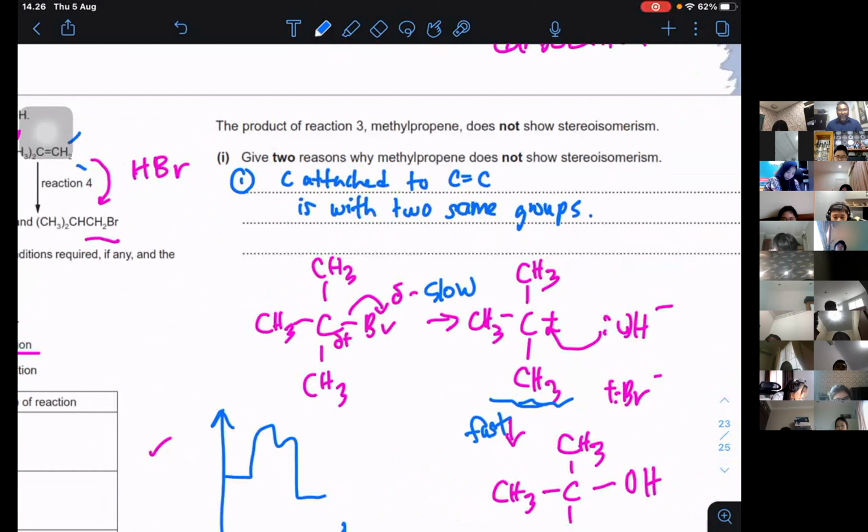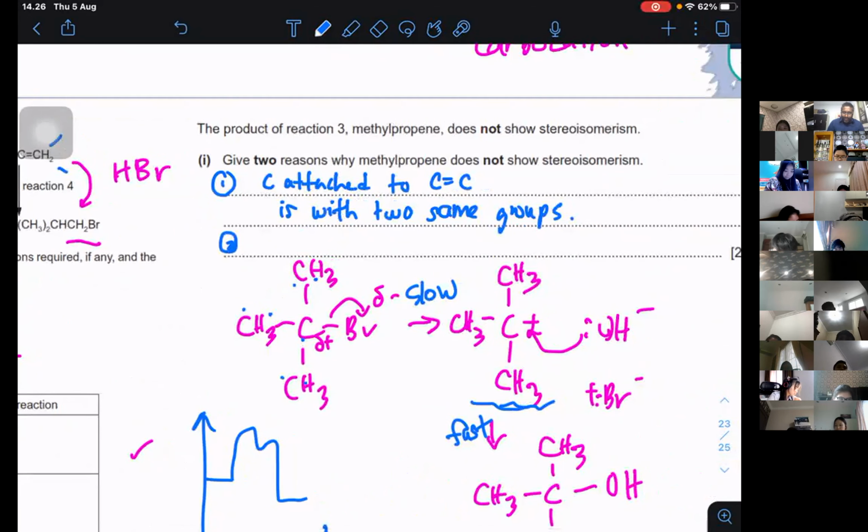So you need to look for your chiral center. No chiral center, no chiral center, no chiral center. This carbon, all three are the same, then only one is different. So number two is that there is no chiral center. You can explain about that.